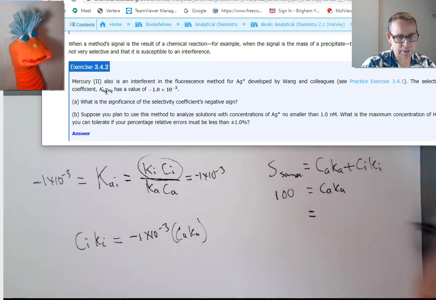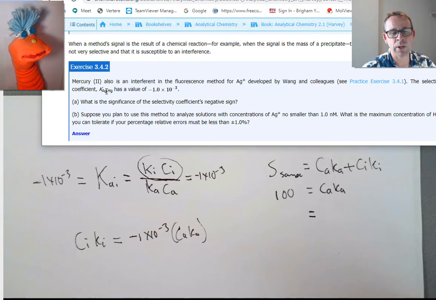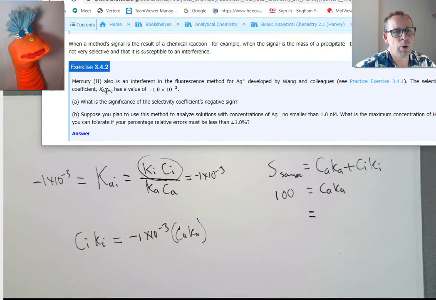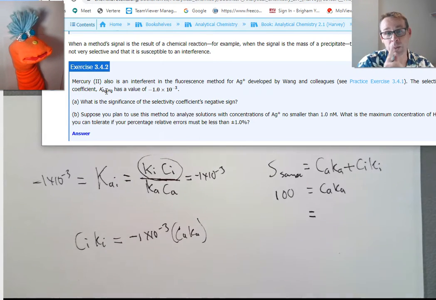And what kind of signal are we allowing or expecting for our interferent? What kind of interference can it do? Do we know how much we are going to allow the interferent to interfere? Well, the error must be less than 1%. Very good. So 1%.